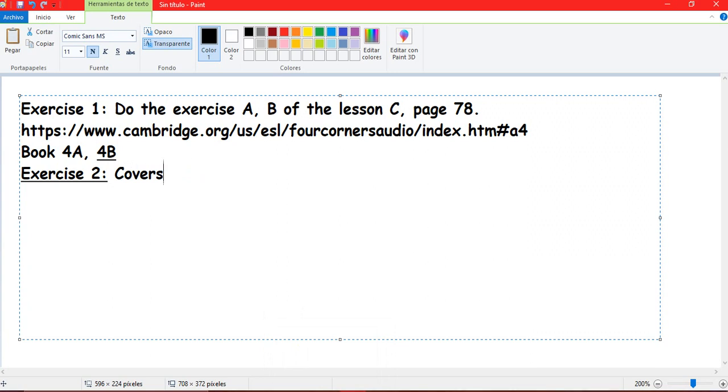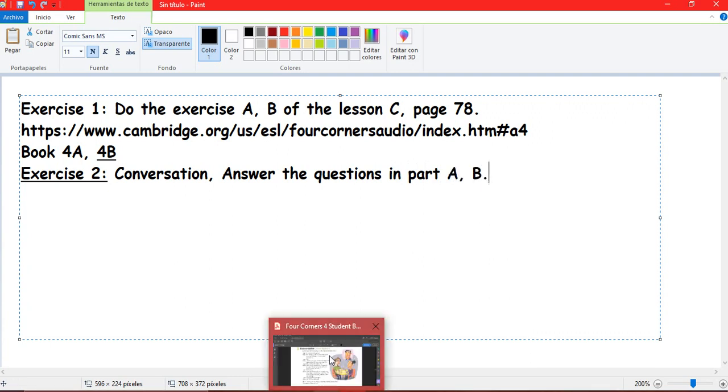So what is the exercise? Answer the questions in parts A and B.